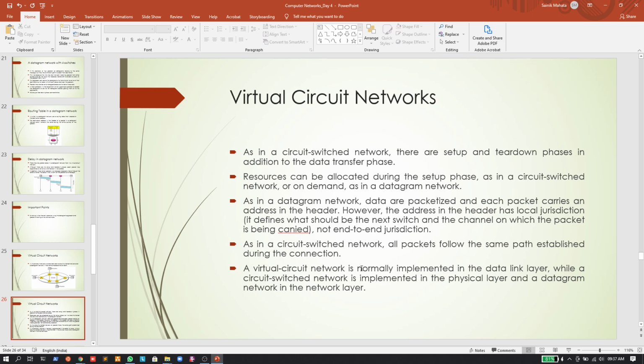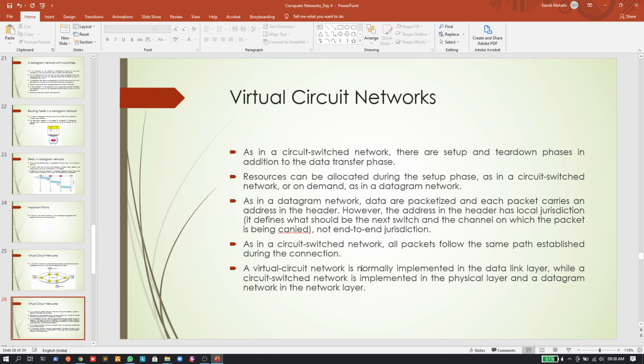But in the case of circuit switch network, since there was a physical connection made from the source to the destination, obviously using that same physical path all the data will travel. So in this case, it is following a characteristic of a circuit switch network: since a physical connection is made from the source to the destination, all the packets will travel using this same path, unlike in packet switched networks.